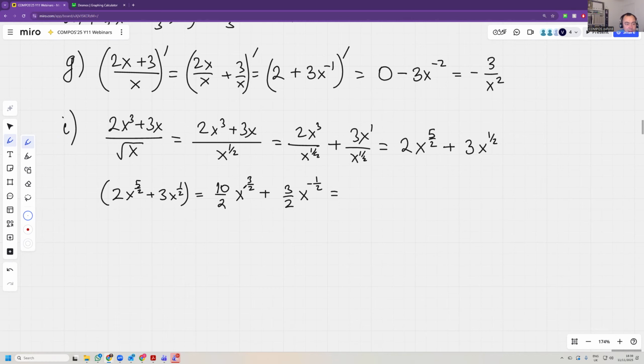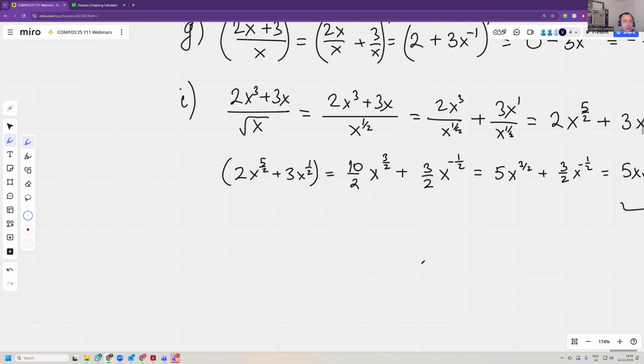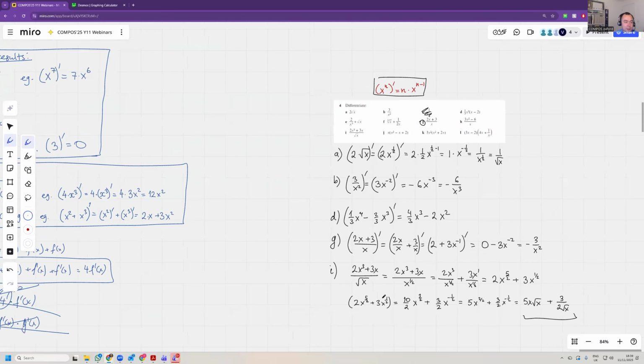This can be simplified as 5x^(3/2) plus 3 over 2 x to the power minus a half. You can write it in a different way, 5x root x plus 3 over 2 root x, but that's not necessary. You don't have to write it like this. Okay. I hope that makes sense.